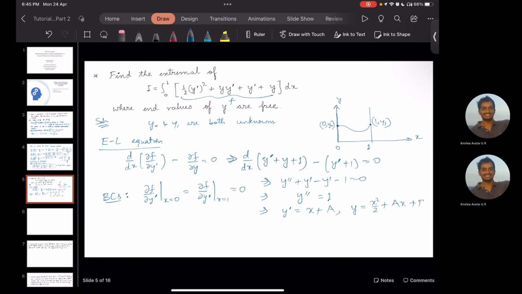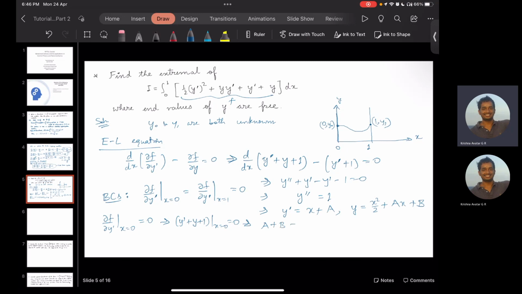Okay, so let's invoke our end conditions here, or the boundary conditions. So ∂f/∂y prime at x is equal to 0 is 0. This implies that ∂f/∂y prime, which is y prime plus y plus 1 at x equal to 0, is 0. And y prime is x plus a, so it is a plus y at x equal to 0, that is b, plus 1 is equal to 0.